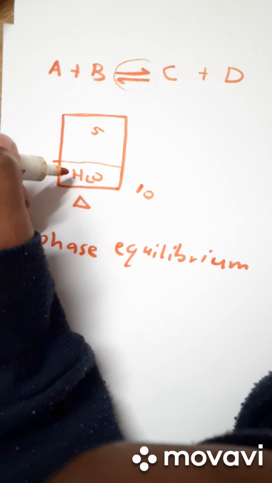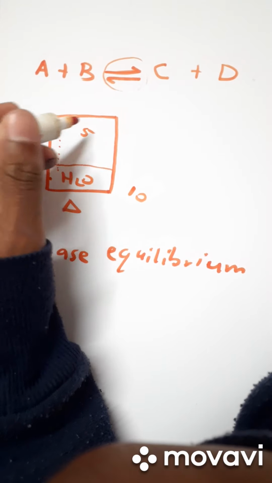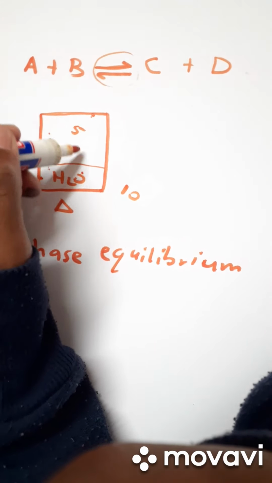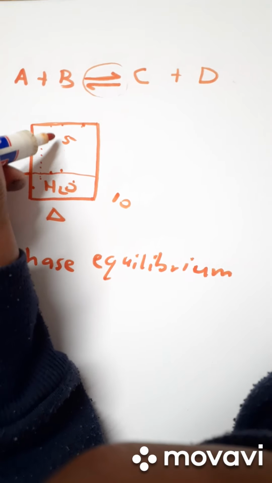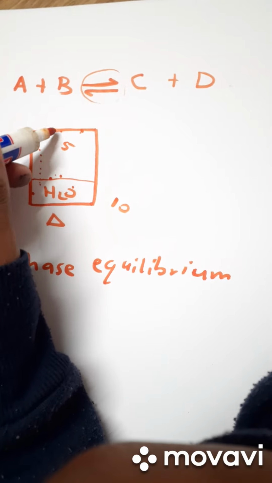It simply means that these particles are moving up, and at the same time, you are going to see the drops of water. The water is dropping, which means at the same time the other particles are condensing.